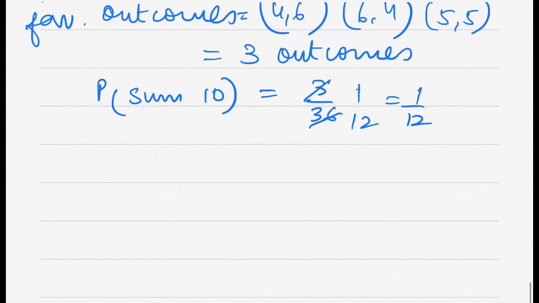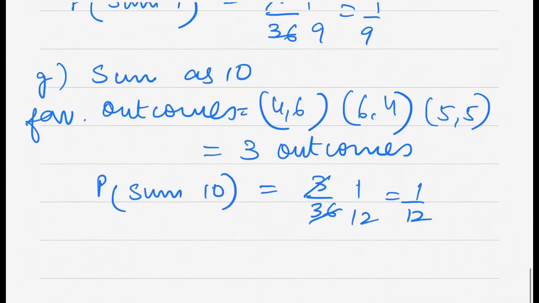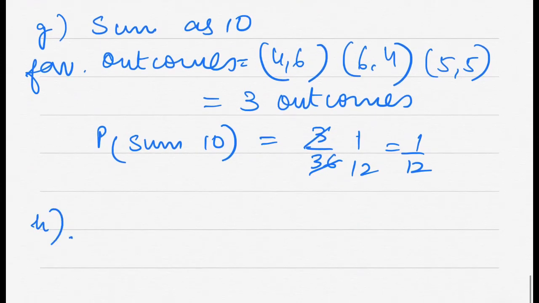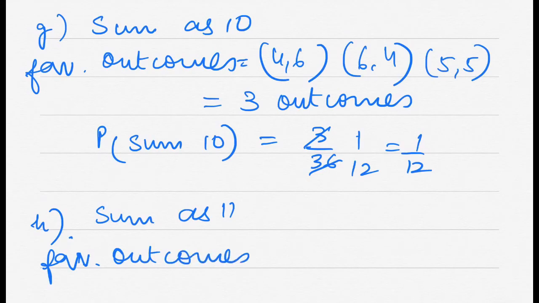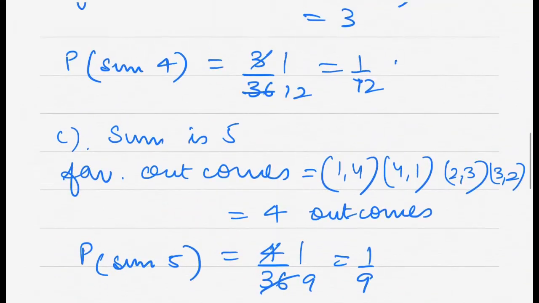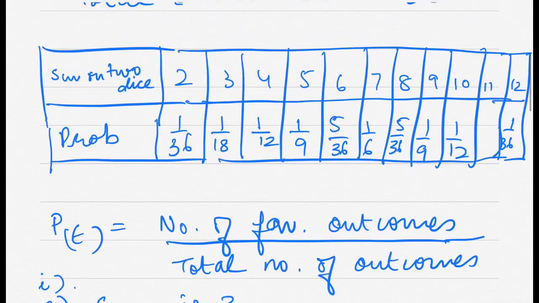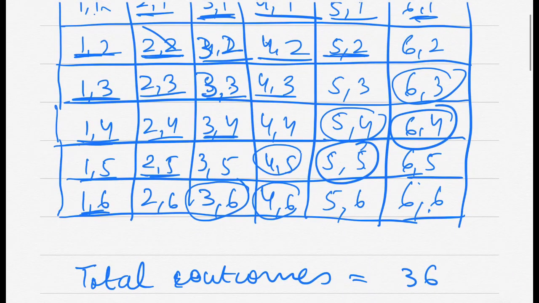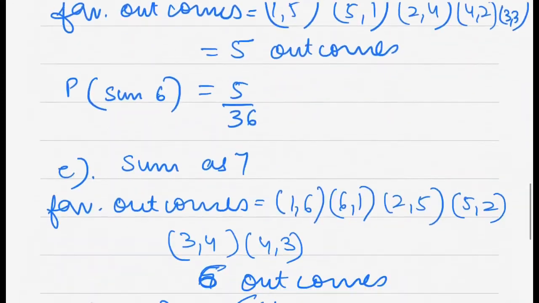Okay, so now sum as 11. We'll move to sum as 11, maybe the H part. So now the favorable outcomes. 11 will be equal to 6 5 and 5 6, right?